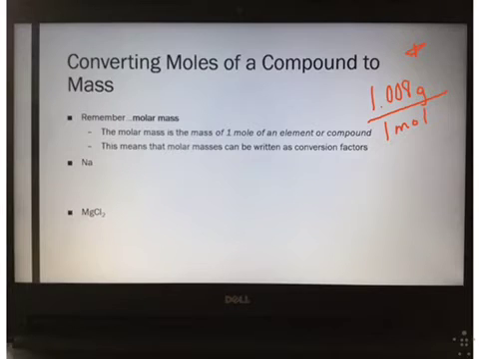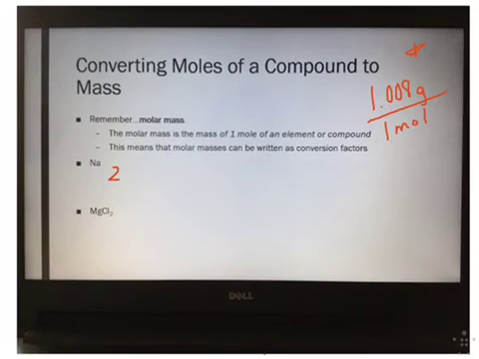So, if I want to say the molar mass of sodium, I would say that it is 22.990 grams per mole.